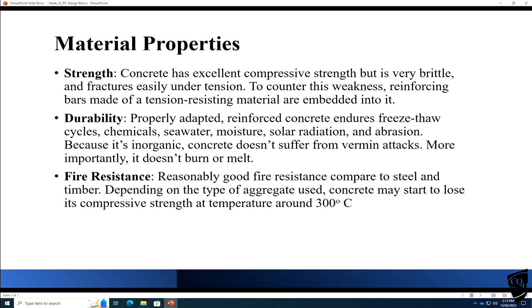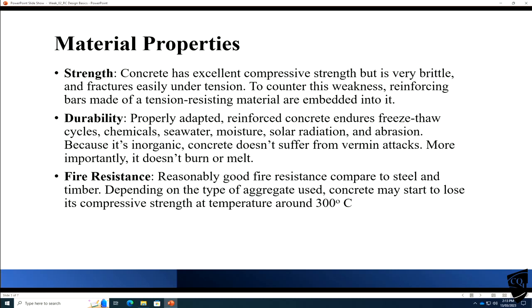It's a sudden failure, so we may not have enough warning for concrete failures. Okay. And also the tensile strength is very low. So what we do is provide reinforcement in the tensile zone, or sometimes we also put pre-stressed bars.